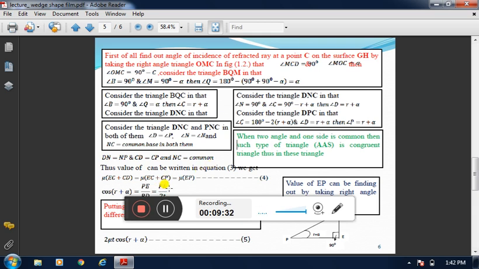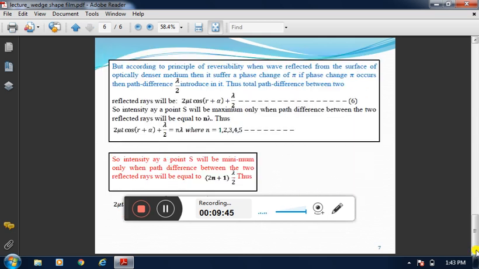Dear student, DP is twice t. Then EP is equal to twice t cos (r plus theta). Then delta is equal to twice mu t cos (r plus theta). We found the net path difference delta is equal to twice mu t cos (r plus theta).